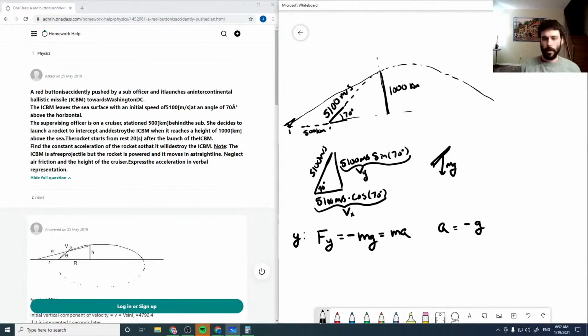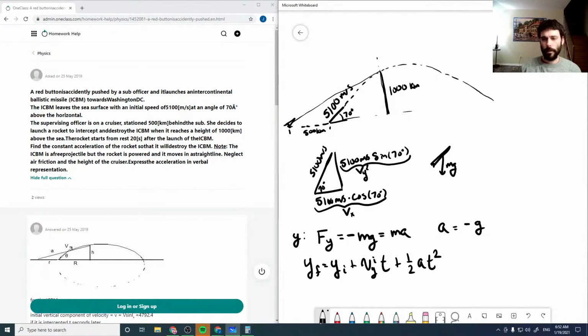And now we can use our kinematic equations and say that our final y is going to be our initial y plus our initial velocity in the y direction times time plus 1/2 a t squared.